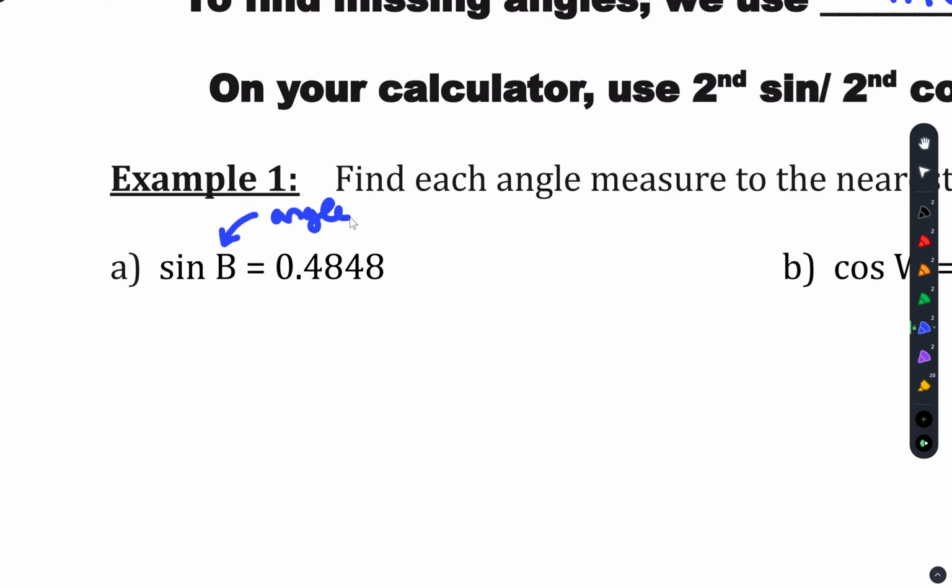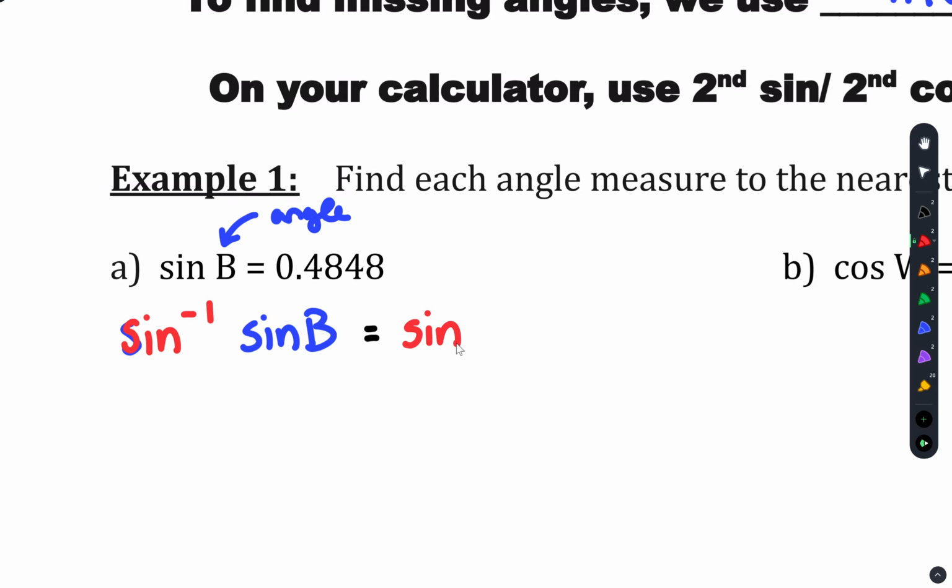So if I'm trying to solve for that variable B, I need to get rid of the sine. To undo a sine, the inverse of sine is called sine inverse, and it looks like this: sine with a -1 as its exponent, but it's not really an exponent. I'm going to do that to the left side to get rid of the sine. What I do to one side, I have to do to the other.